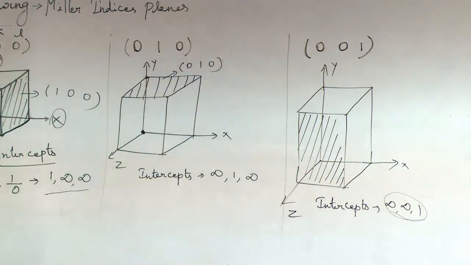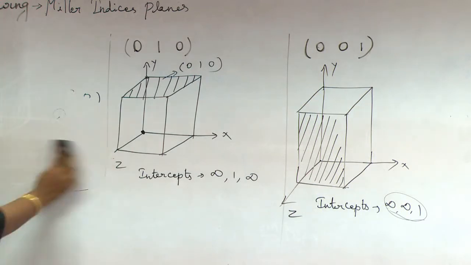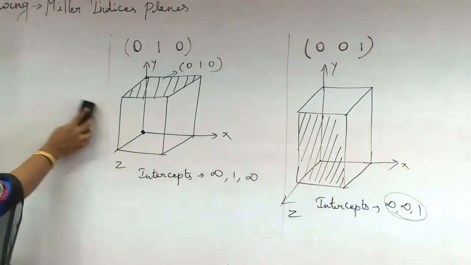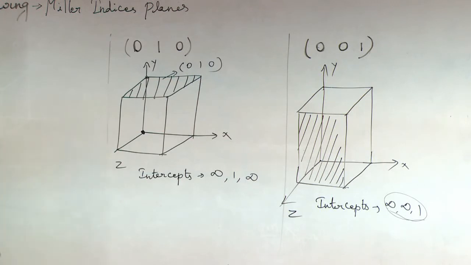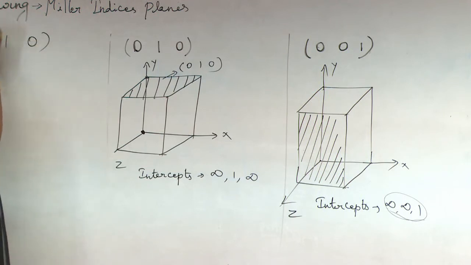So now we can go for the next plane, the 1, 1, 0 plane. How to go about this 1, 1, 0 plane?